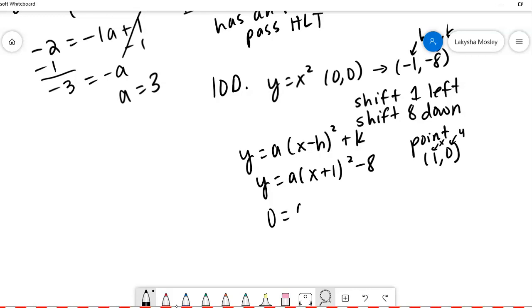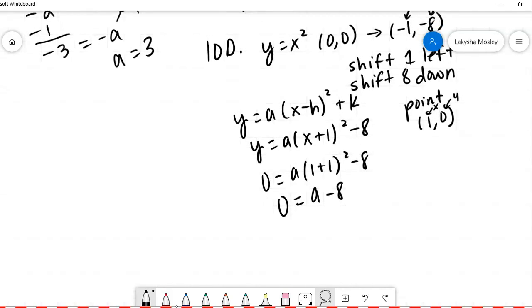So we got 0 is equal to a, plug in 1 plus 1 squared, minus 8. So according to this, add the 8 over, a is equal to 8. Oh, I know what I did wrong.